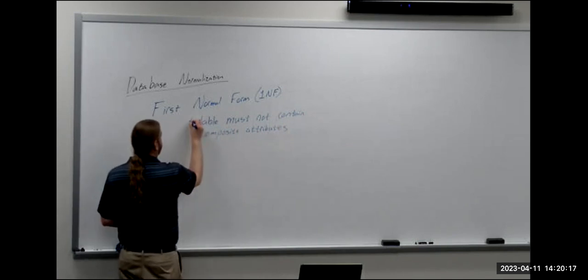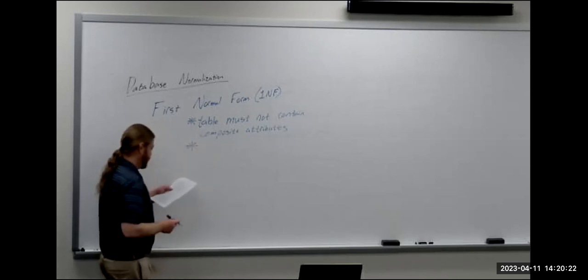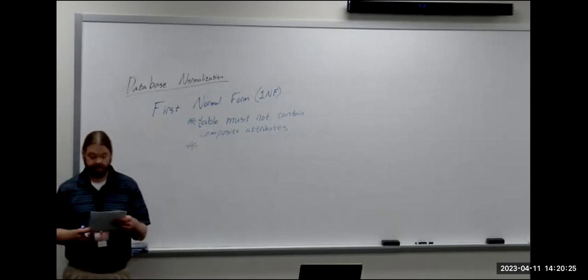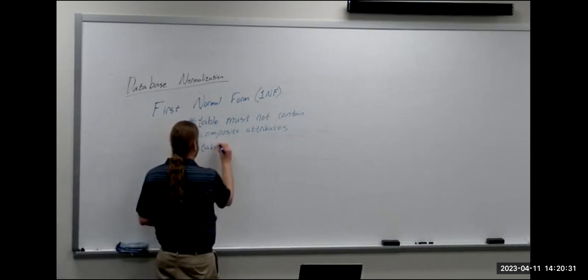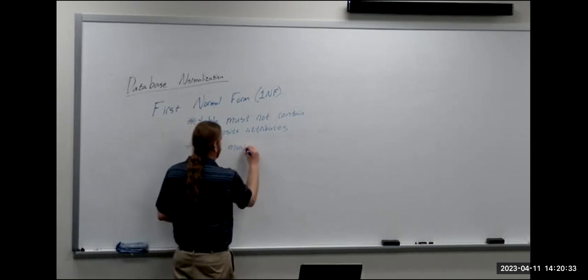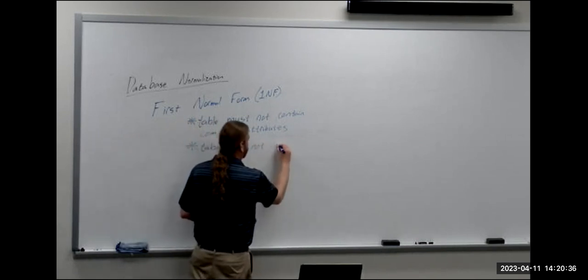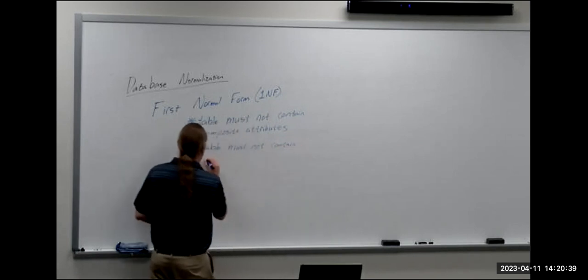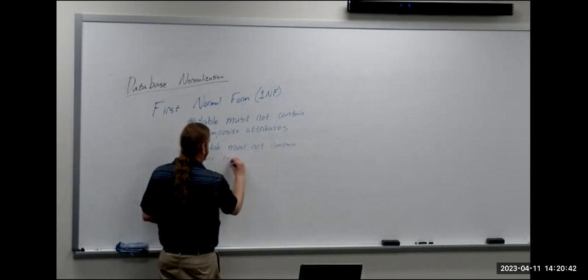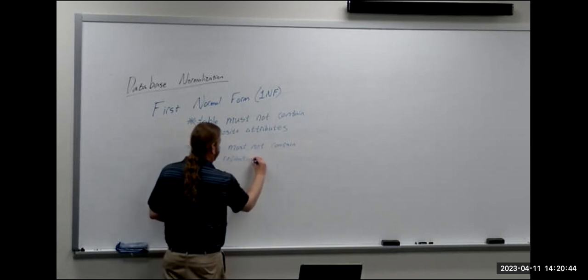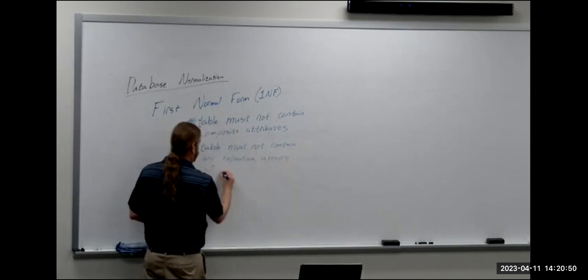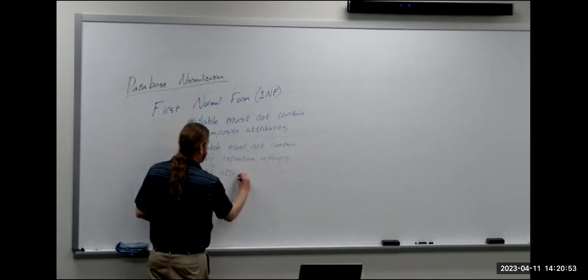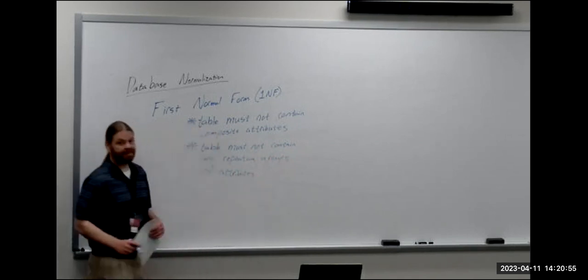And our second rule is the table must not contain any repeating groups of attributes. That was actually 2 rules.